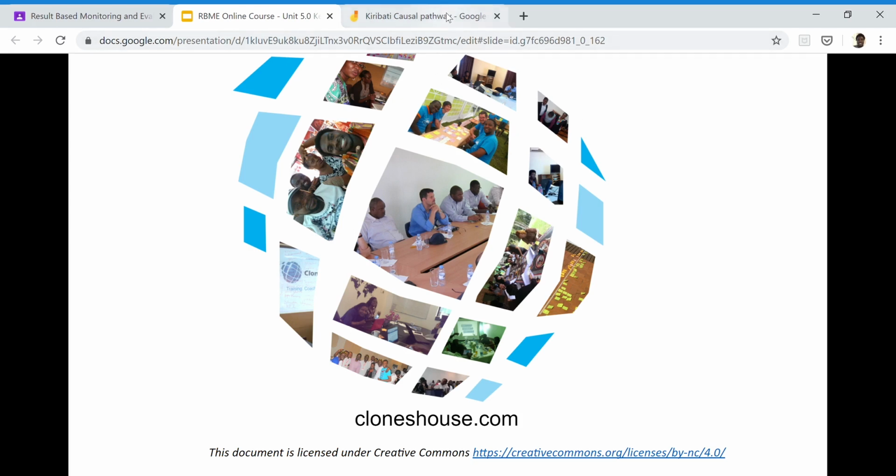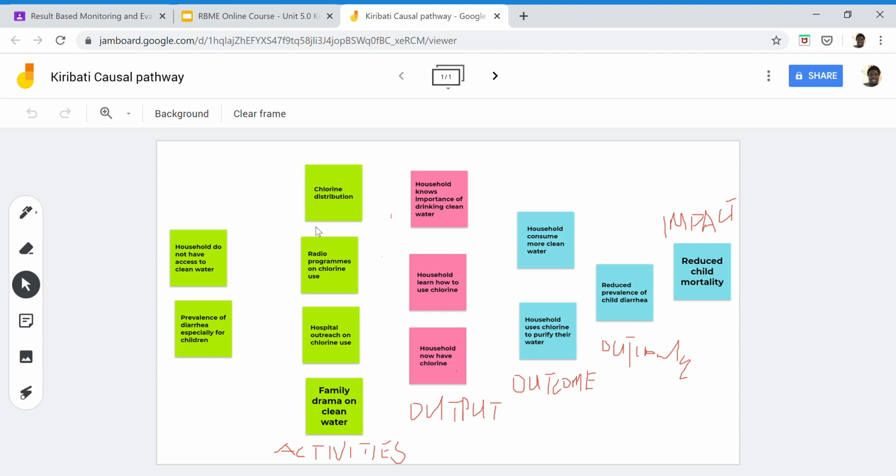So, just to bring us up to speed, this was what we were able to do on the first case, Unit 3. We were able to develop this causal pathway for case 5, which is a program that is delivering chlorine to communities in Kiribati, owing to the fact that they have a problem of access to clean water.